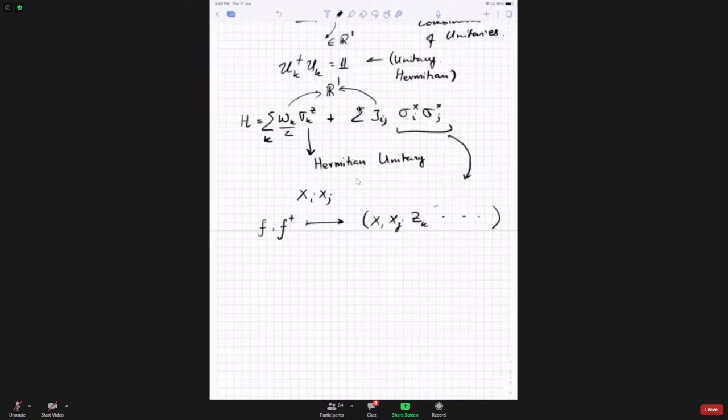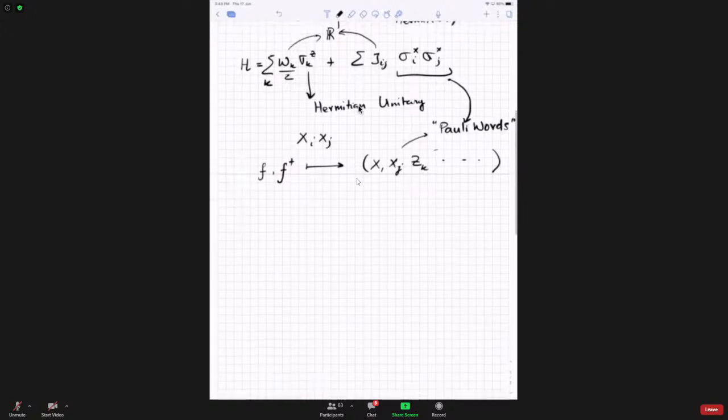The important thing I want you to take away is that XIX, XJ, ZK, and stuff of this sort are all examples of Pauli words. They are tensor products of different Pauli operators which appear as strings, and these Pauli words are implementable on a quantum computer. How do I implement this arbitrary operator? I have qubits running this way.